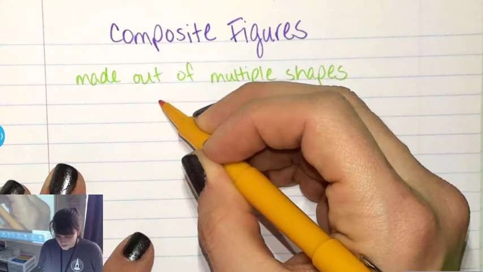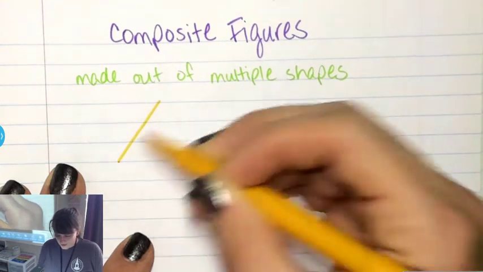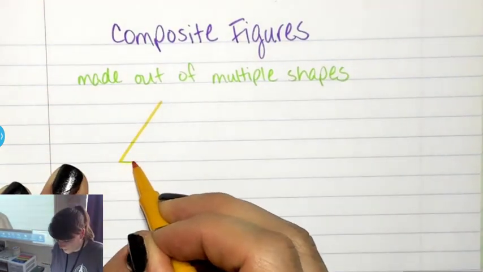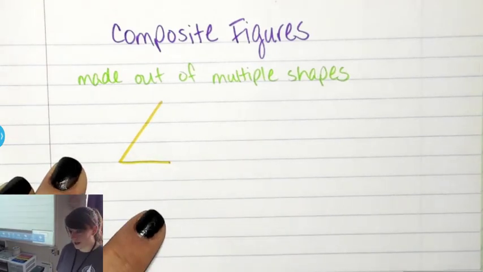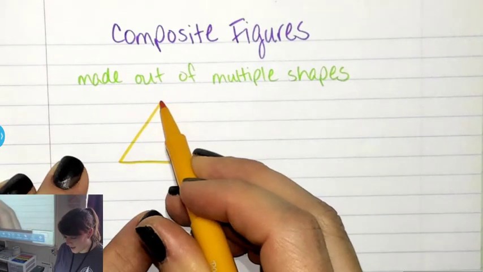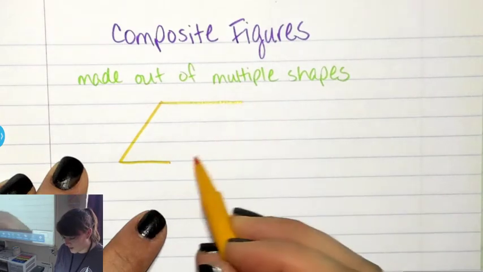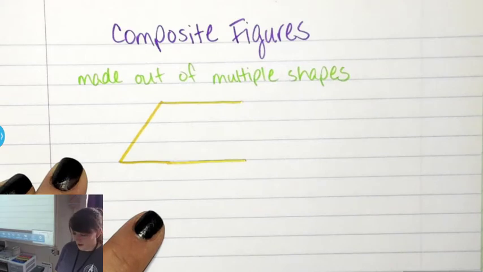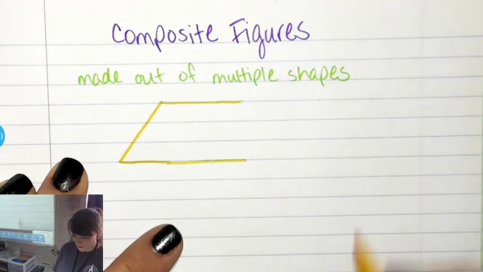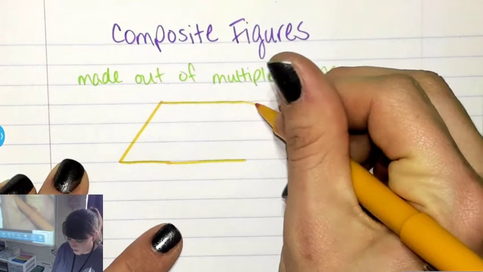If I have this end of a triangle, so like an angle sign, and then I continue on like it's a rectangle, but then I end with a half a circle.